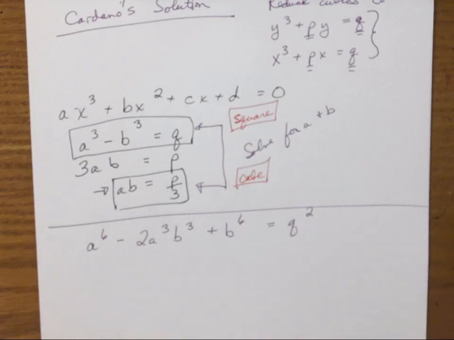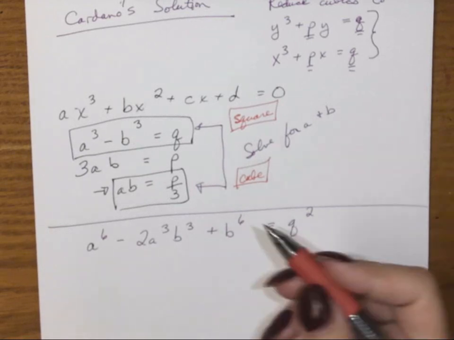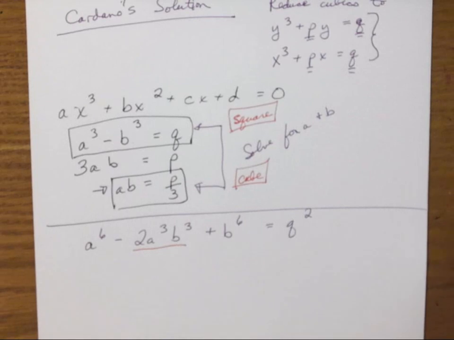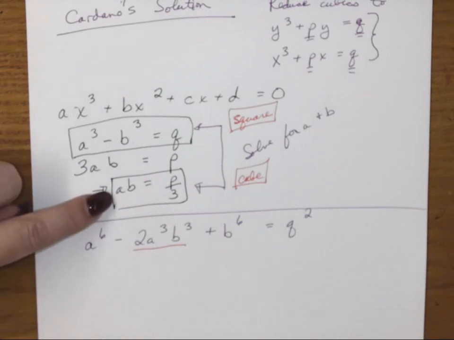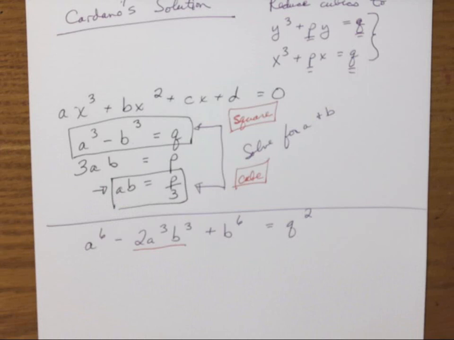Okay, and what he's really after here is this middle term right here, because he realizes that if I can get that to be an a cubed b cubed, then whenever I cube this guy up here, I'll also get an a cubed b cubed guy, and then I can manipulate this entire system of equations and get rid of some of the terms that I don't want, and it'll end up being kind of an interesting thing.